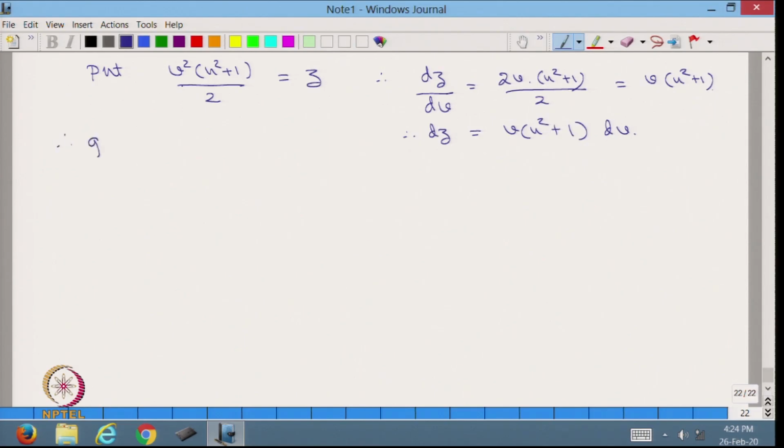Therefore, g of u is equal to 1 over pi, integration 0 to infinity e to the power minus z.